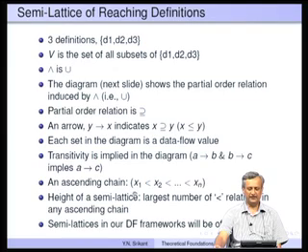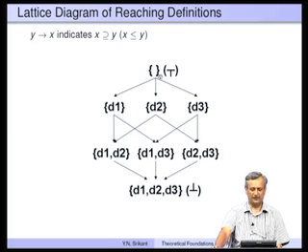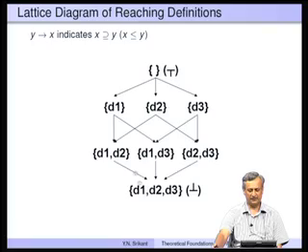What is an ascending chain? Instead of less than or equal to, we just use less than. If we use the self element also, then equal to is necessary, otherwise if we use distinct elements, then less than is sufficient. So, D1, D3 less than or equal to D1, but since these are all different elements, we can get rid of the equal to and say D1 less than phi, D1, D3 less than D1, D1, D2, D3 less than D1, D3.